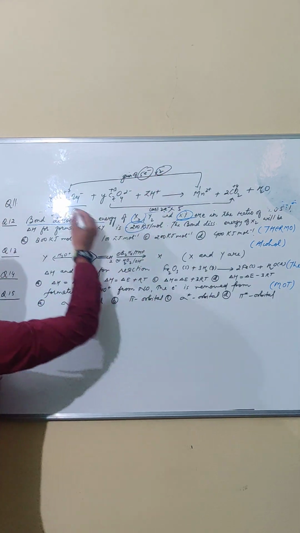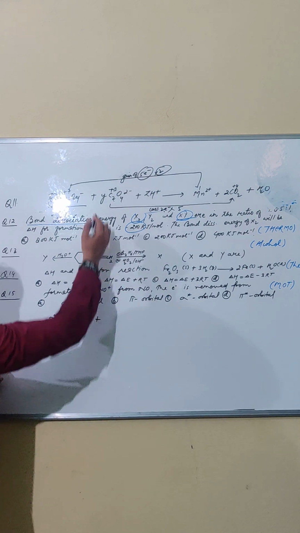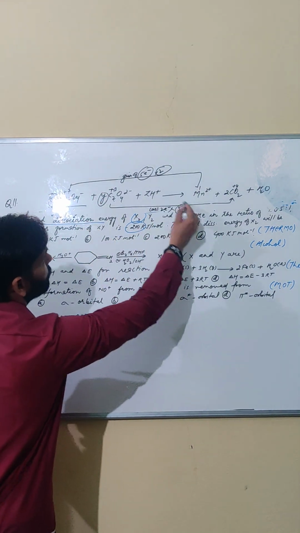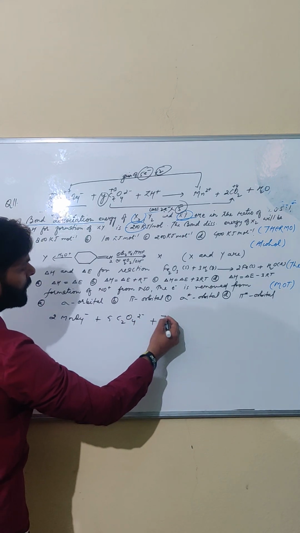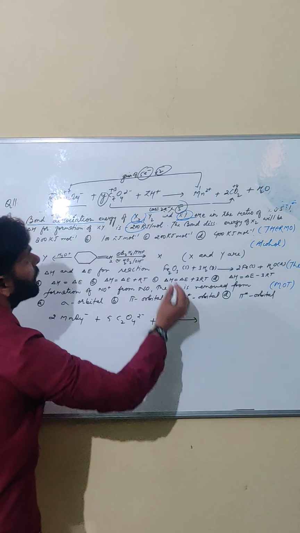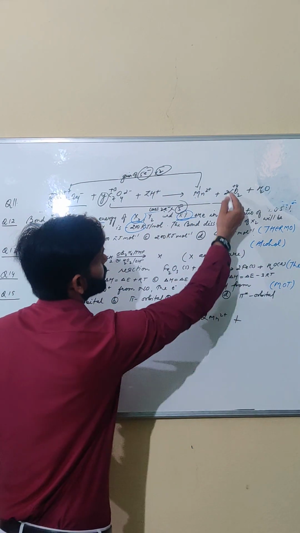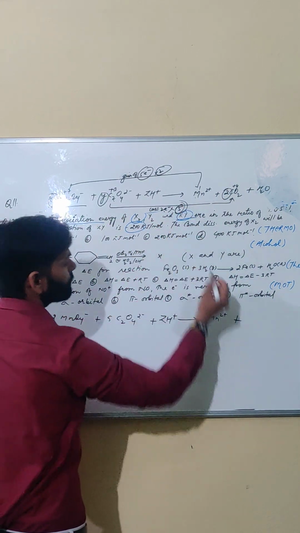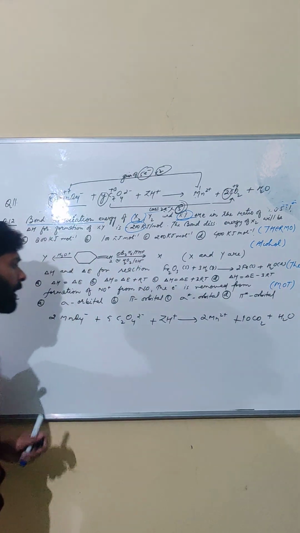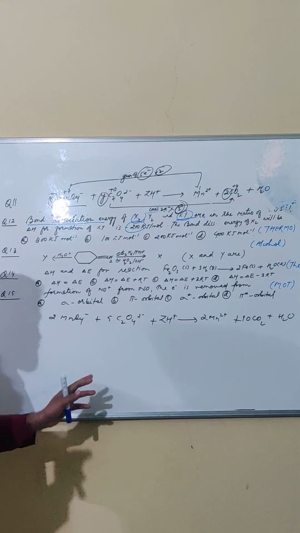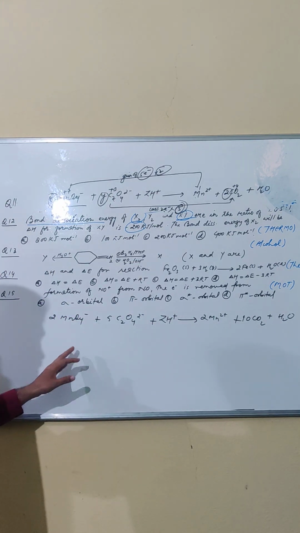So when you multiply by 2, here you will get 2 MnO4 minus, this will get multiplied by 5, 5 C2O4 minus 2, leave it z H plus, again 2 Mn plus 2, and this will multiply by 5, 10 CO2 and H2O.